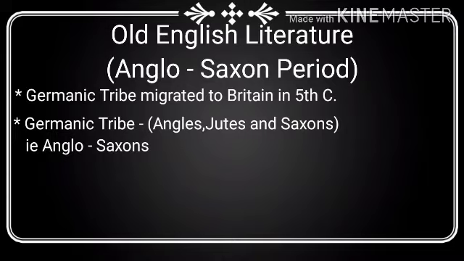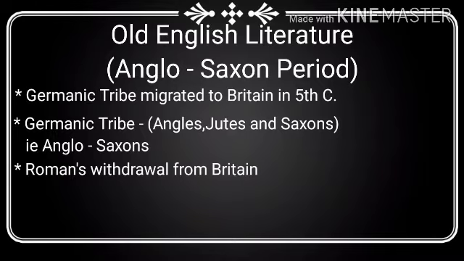The Germanic tribes settled in Britain, and the Romans withdrew from Britain and moved to their own land. The majority of the Roman population were made to move to their own land because Rome was being invaded by other invaders. So, in order to save their own land from the other invaders, the Roman people moved to their own land, but all in vain.